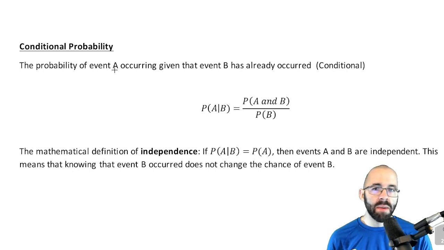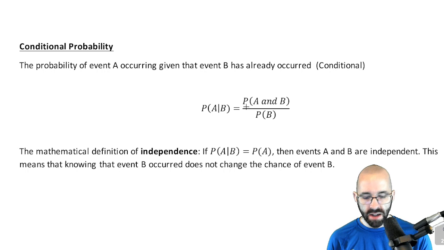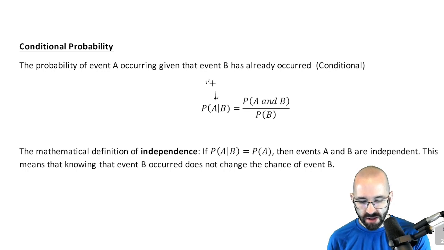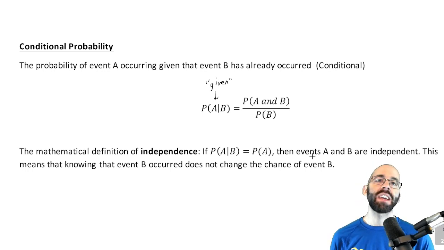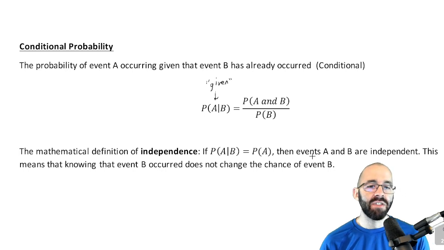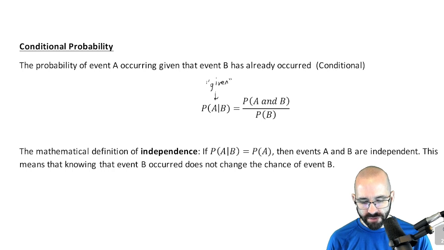The probability of some event occurring, assuming a second event has already occurred, just like we were doing with the jelly beans, is conditional probability. And here's the formula. Again, this vertical bar means given or assuming. It's just their joint probability divided by the probability of that second one.